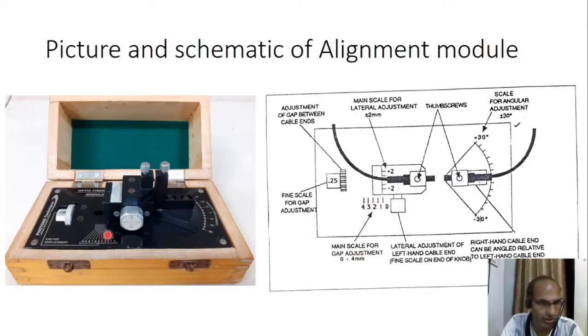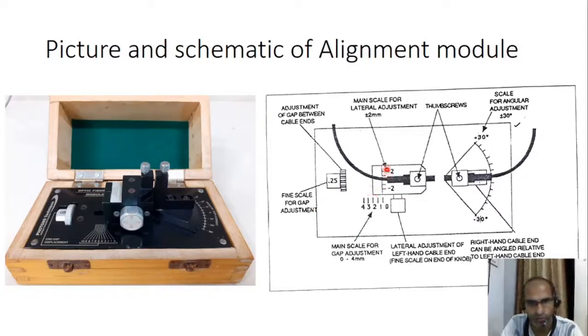In this case we have 10 millimeter. By using this end gap displacement screw, we can adjust the gap between two fiber ends by 0.25 mm.